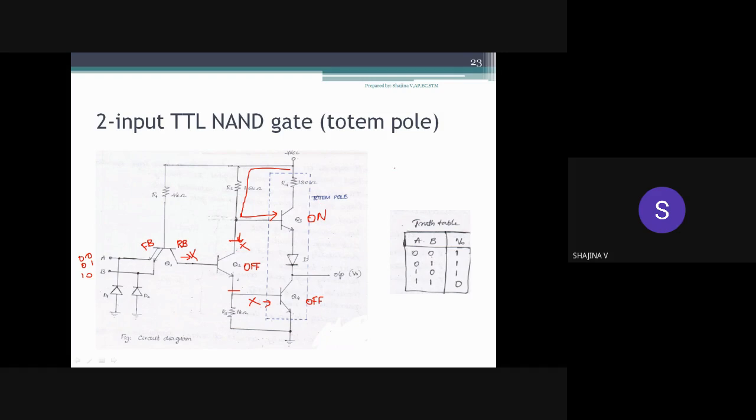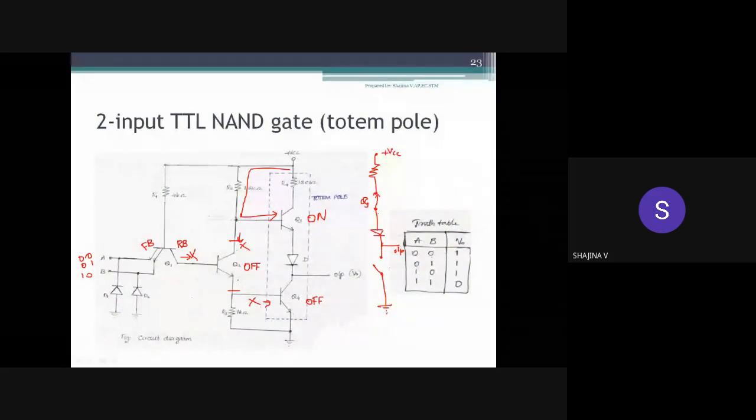Now you can see the output condition is like this: here we will be having VCC and there will be a resistor, and this transistor Q3 acts as a closed switch. This is our Q3 acting as a closed switch, and here there is the diode, and here the output terminal, and since Q4 is off, here there will be an open switch.